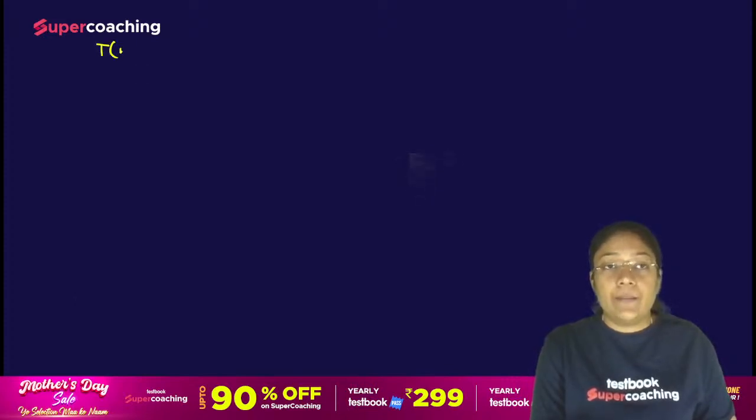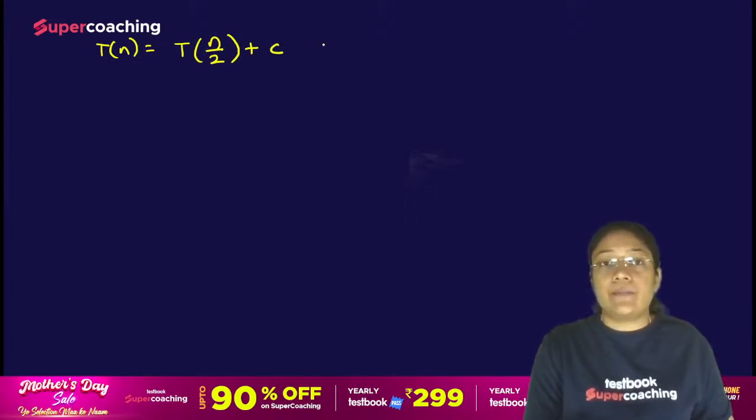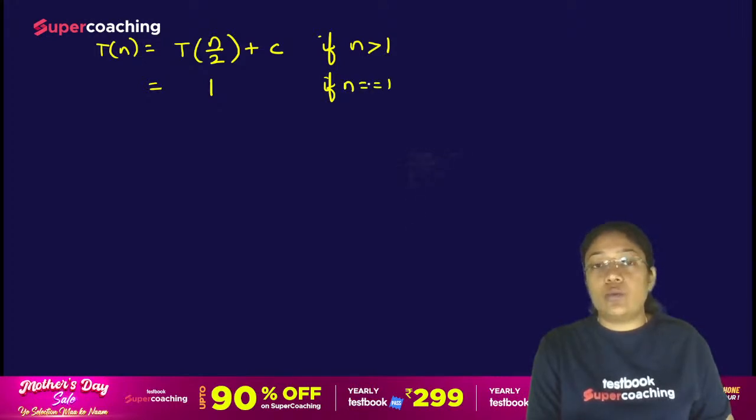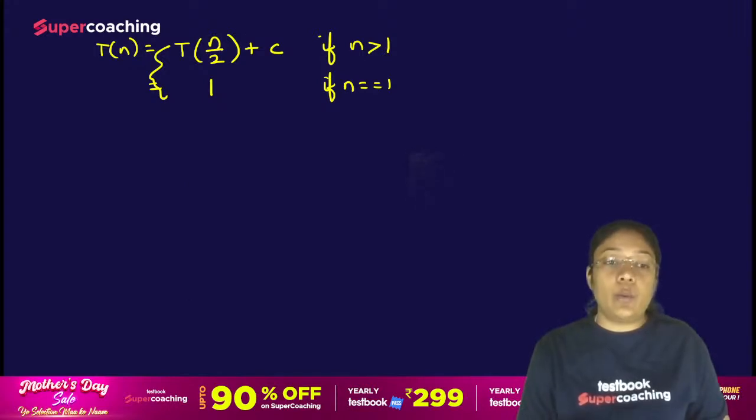T of n is equal to T of n by 2 plus C if n is greater than 1, and this is returning 1 if n is equal to 1. So basically this is the recurrence relation that we are given with.